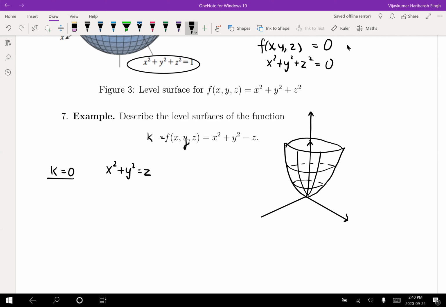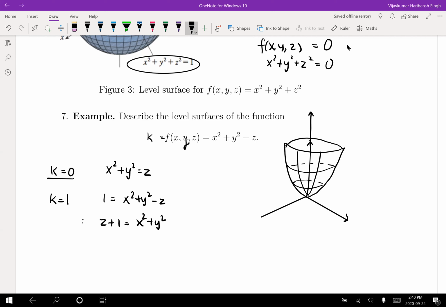Now next one, k equals to 1. If we do that, we get 1 equals to x square plus y square minus z, or z plus 1 equals to x square plus y square.